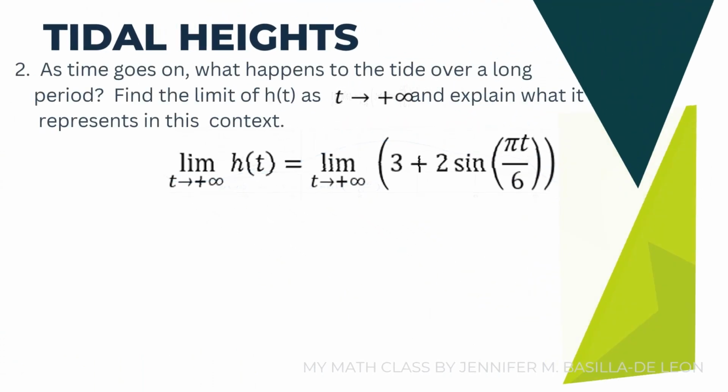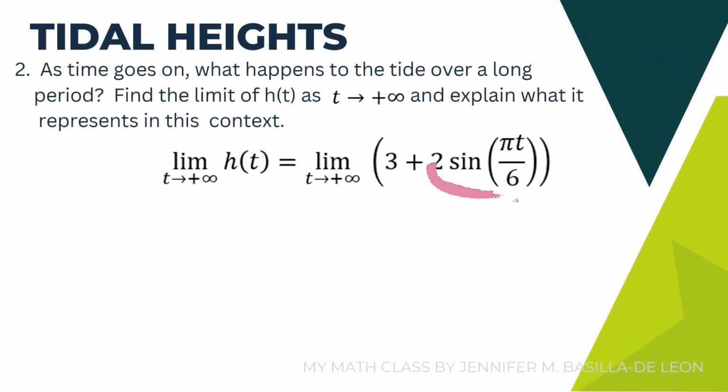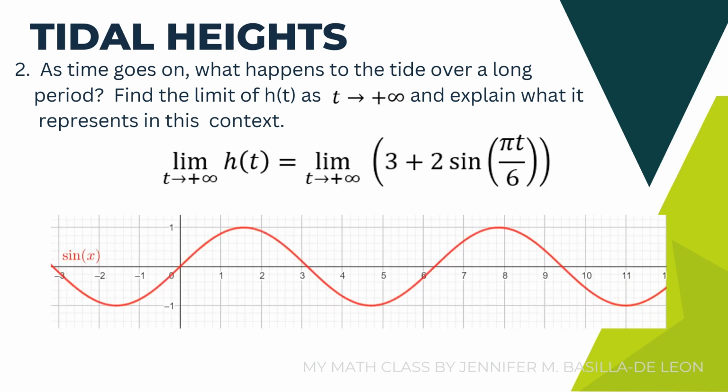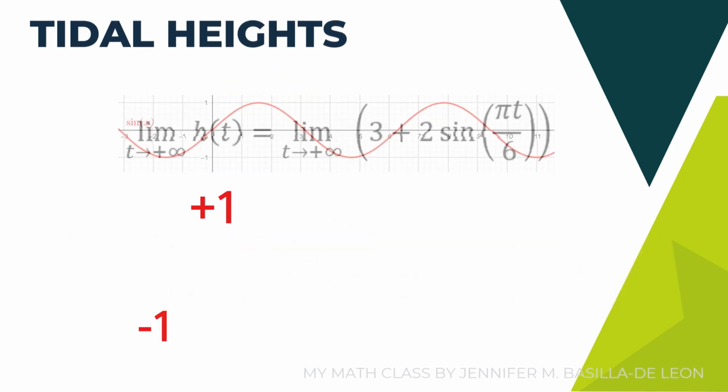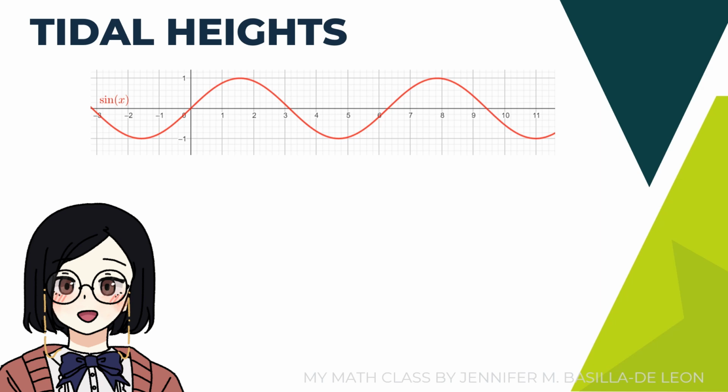To answer the second question, we'll look at the behavior of the sine function in the equation. The sine term, sine of pi t over 6, oscillates between -1 and +1. Using this in the function h of t, we can compute the minimum and the maximum height of the tide when the sine term equals -1 and +1, respectively.